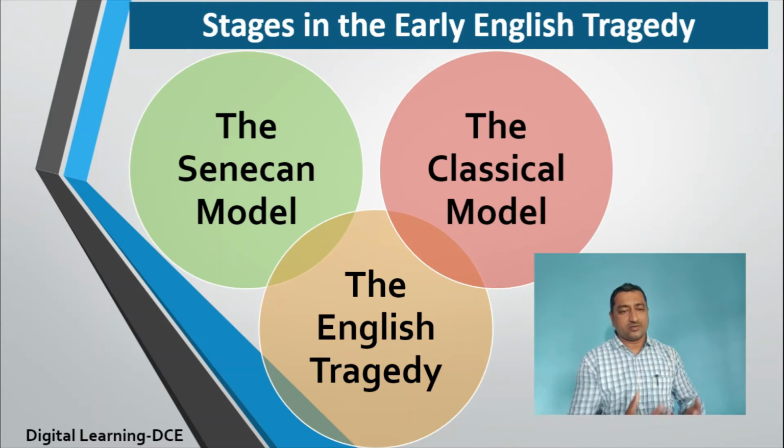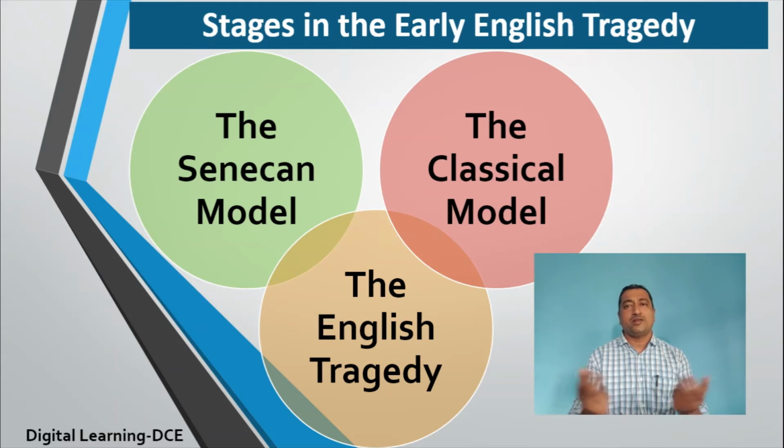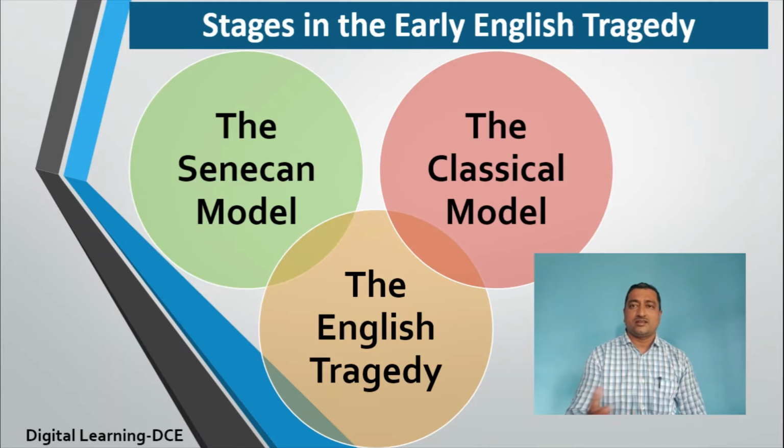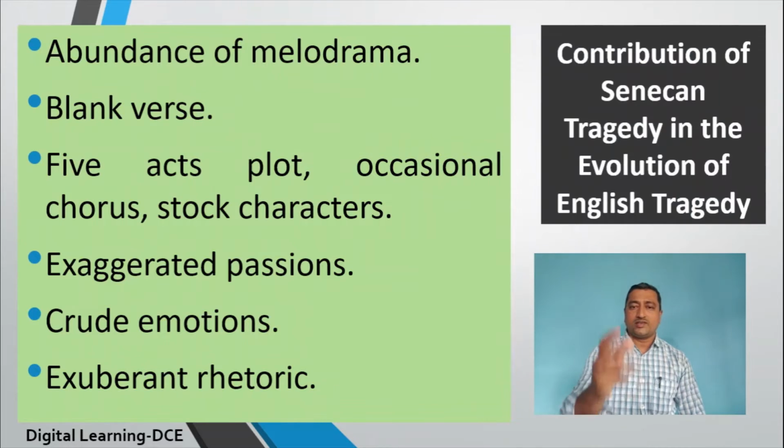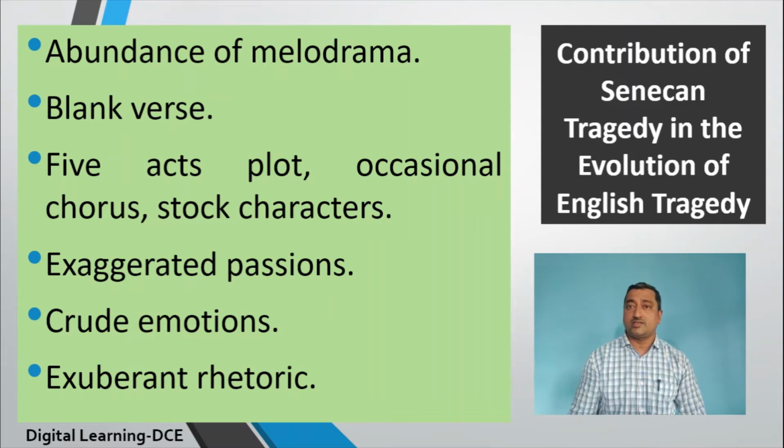Ideas borrowed from the Senecan model and ideas borrowed from the classical model are blended together to make the English tragedy of the 16th century in particular. Then we see what is the influence or contribution from Senecan tragedy to English tragedy in its evolution.